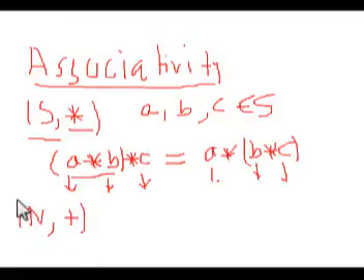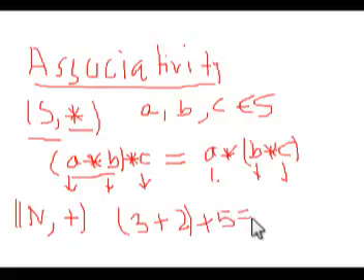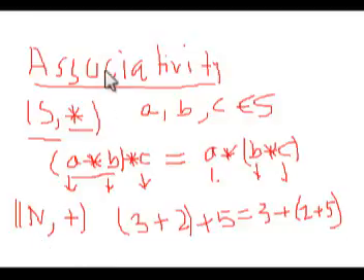You can very easily verify that for any numbers, 3 plus 2 plus 5 must equal 3 plus 2 plus 5. So here, with this binary operation addition, the set of natural numbers is associative. This is the property of associativity.